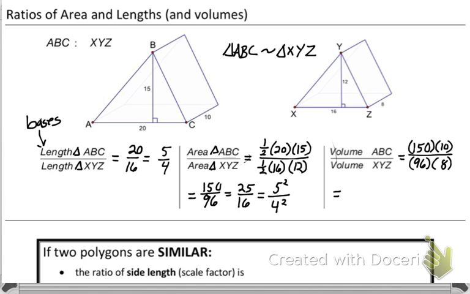When I multiply this out, whoa, weird. We have 1,500 over 768. For the sake of things, that reduces down to 125 over 64, which is going to be 5 cubed over 4 cubed.